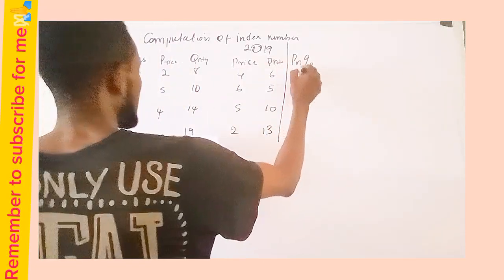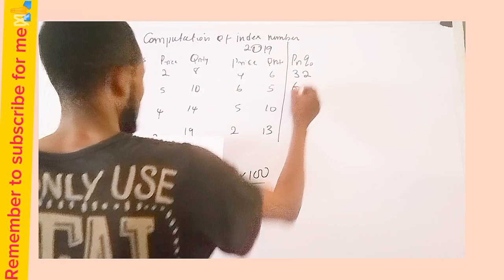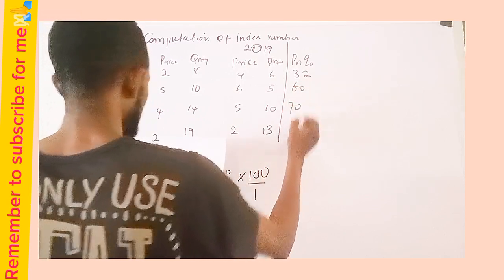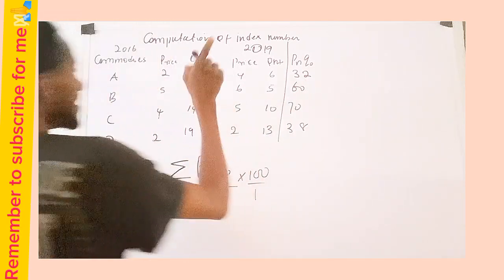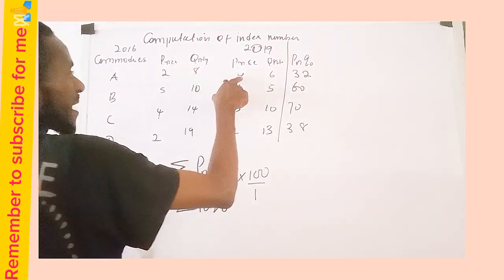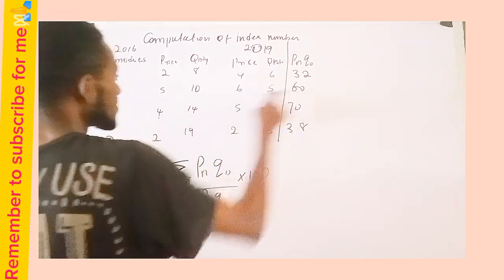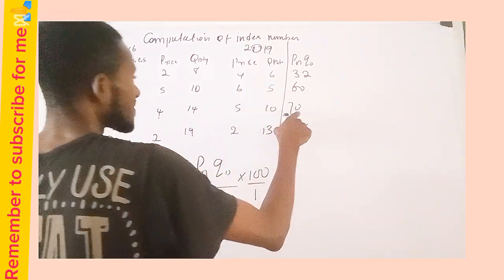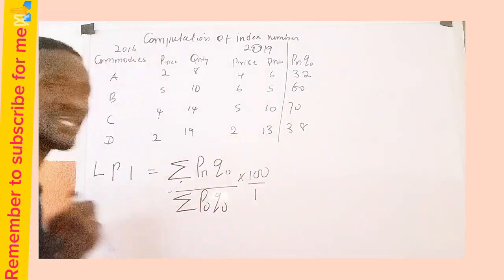We had here 32, we had here 60, we had here 70, and we had here 38. I repeat, it implies that 8 multiplied by 4 is 32, 10 multiplied by 6 is 60, 14 multiplied by 5 is 70, and then 19 multiplied by 2 is 38.